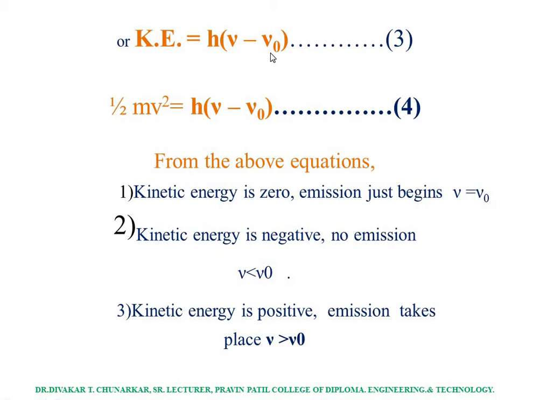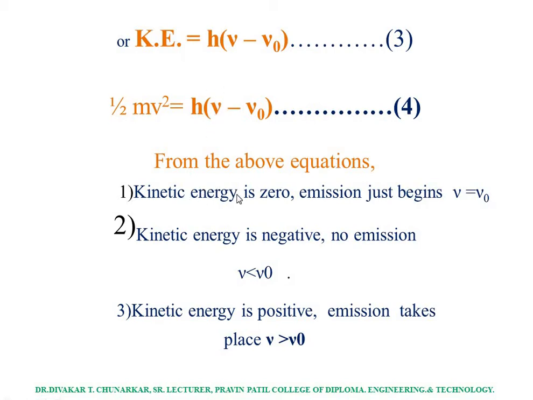Already we know kinetic energy equals half mv square, where m is the mass of electrons and v is the velocity. So half mv square equal to h in bracket nu minus nu 0. Both are Einstein photoelectric equations, keep in mind.